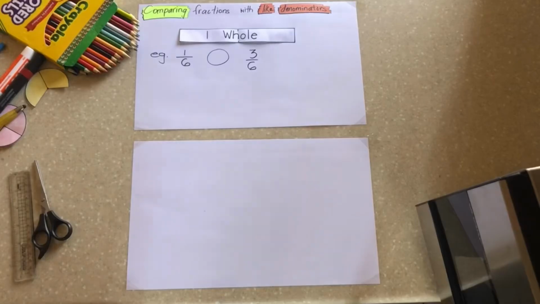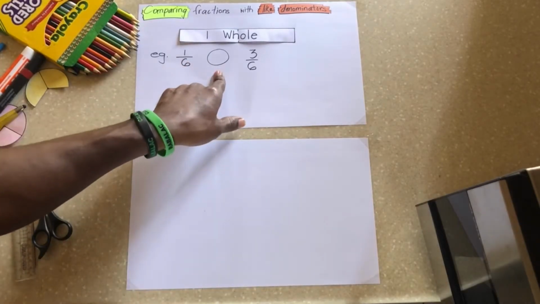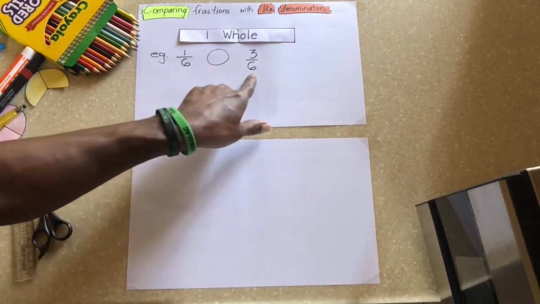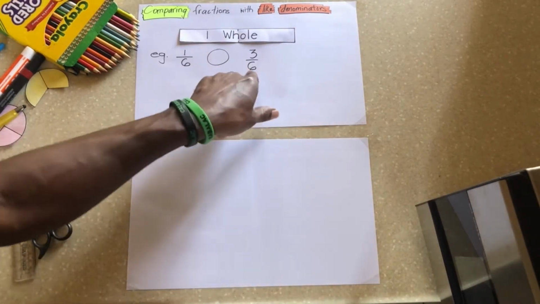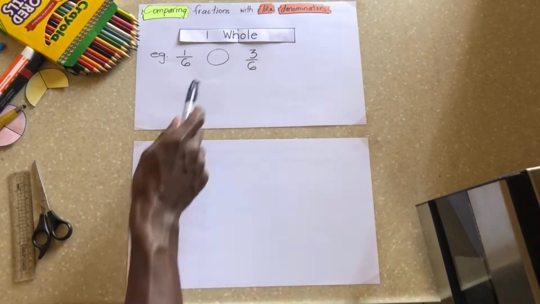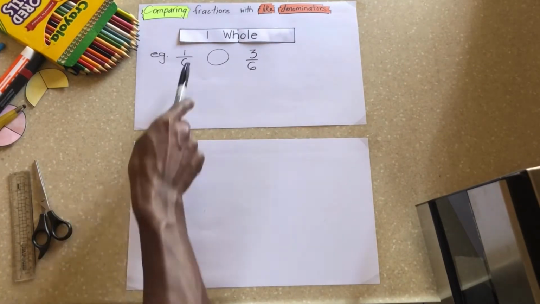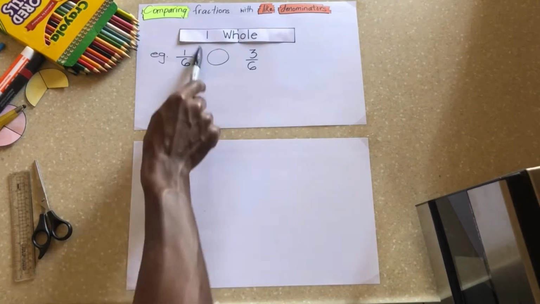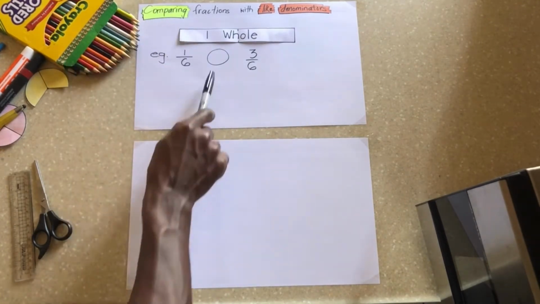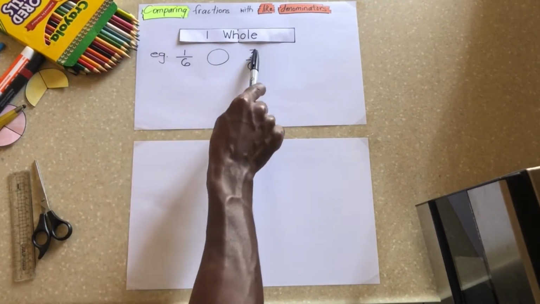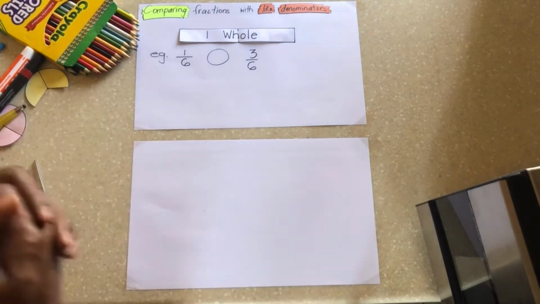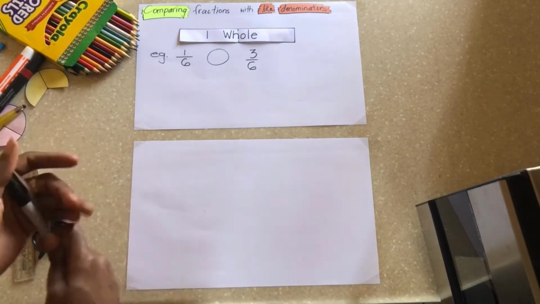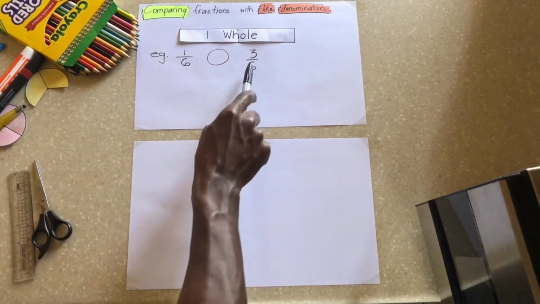You want to know if 1/6 is greater than 3/6, or 1/6 is equal to 3/6, or less than 3/6. That's what we're comparing. Just by looking at that, we can say that if we have 1 out of 6 parts, if I get one piece out of the 6 parts and you get 3 parts out of the 6 parts, who would have gotten more?